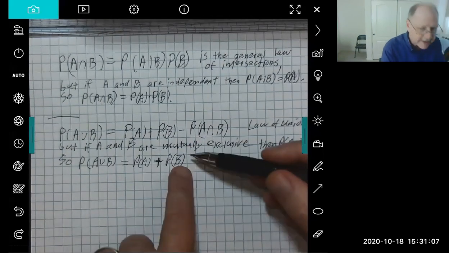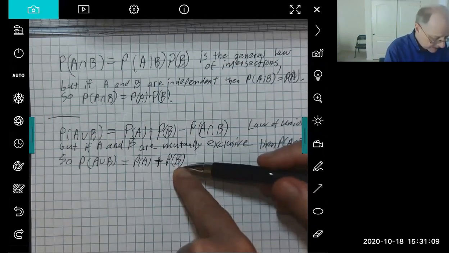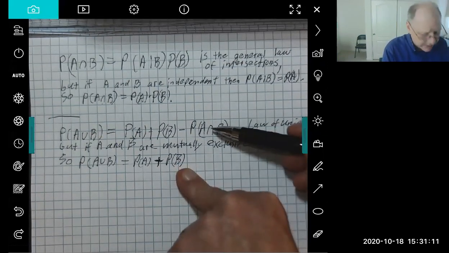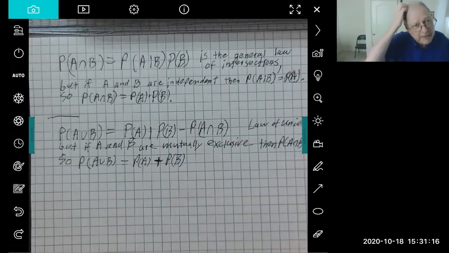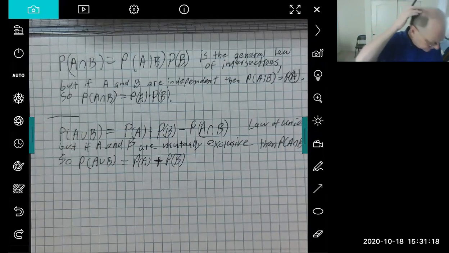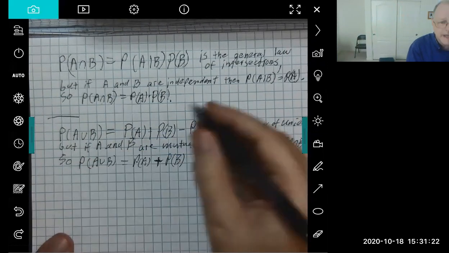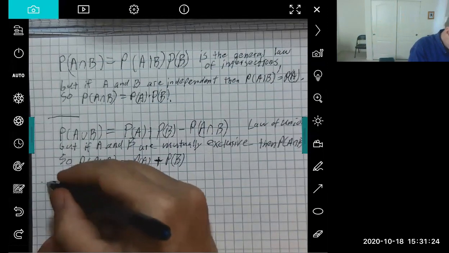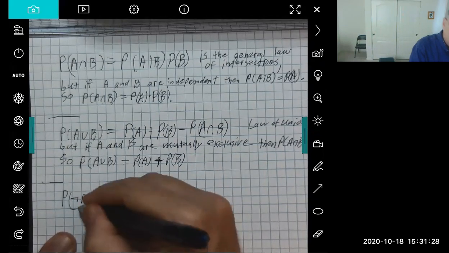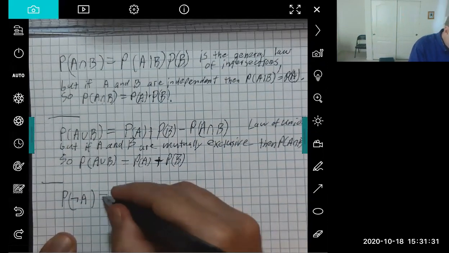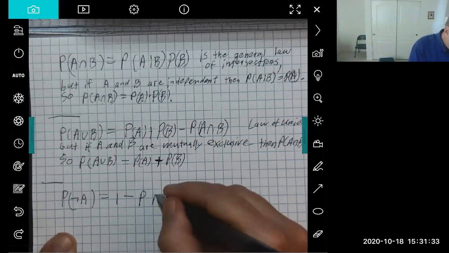But here again, the common mistake with the law of unions is to think that two events are mutually exclusive when in fact they're not. Both things could happen with non-zero probability. Okay. So we've got the unions, the intersections, and the complements. The probability that an event does not happen is 1 minus the probability that it does.